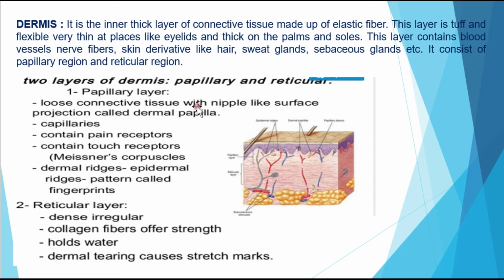But this layer is tough and flexible, and thin at places like eyelids. It's very thin at eyelids and thick on the palms and soles. This layer consists of blood vessels and nerve fibers. As you can see here, these are blood vessels, blood capillaries, and these are nervous capillaries. And these are fibrous tissues, which is called your reticular region.